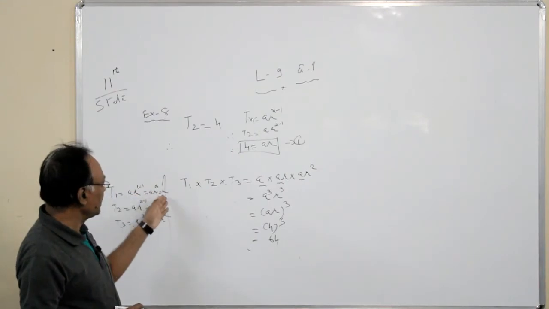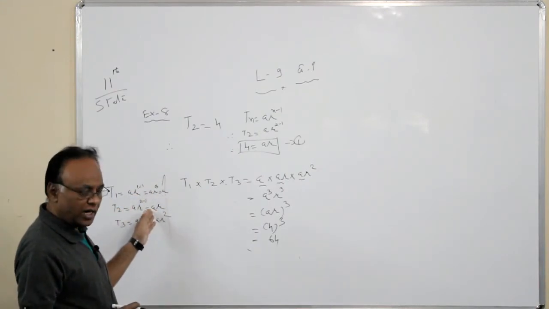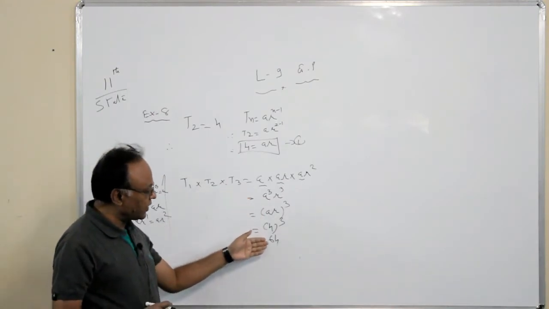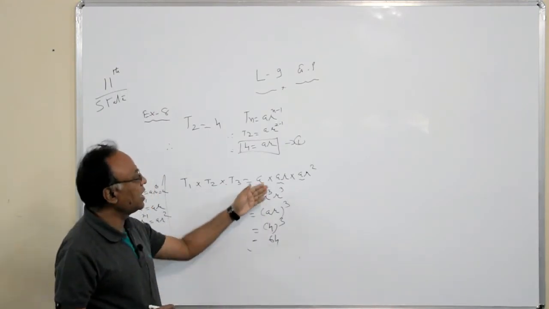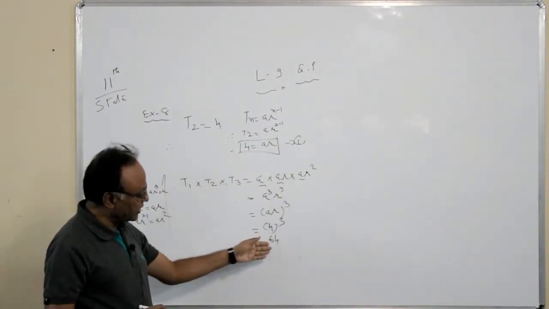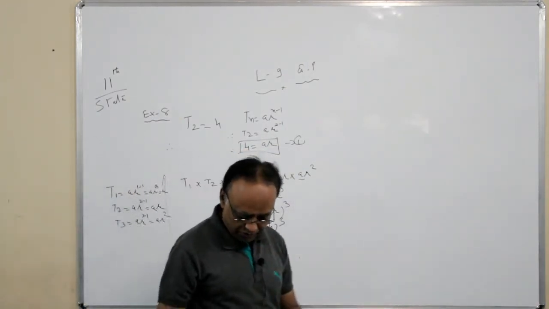Here T1 is equal to A, T2 is equal to AR and T3 is equal to AR square. Substituting these, we find AR is equal to 4, so it is 4 cube, which is 64.